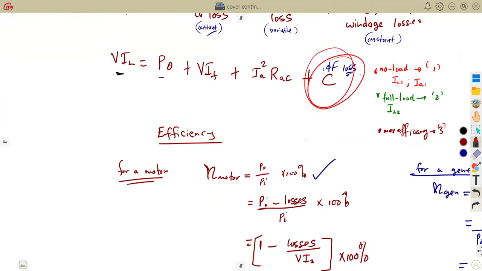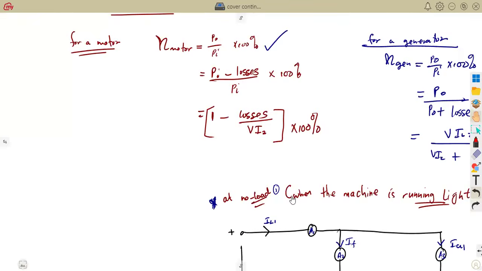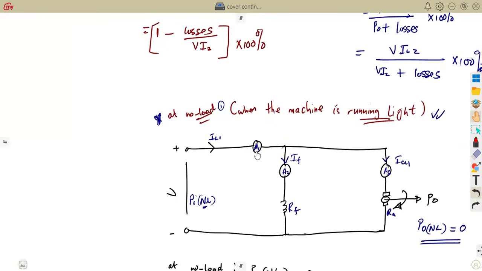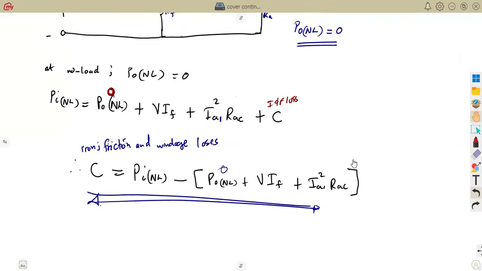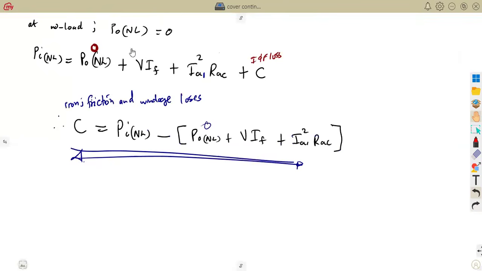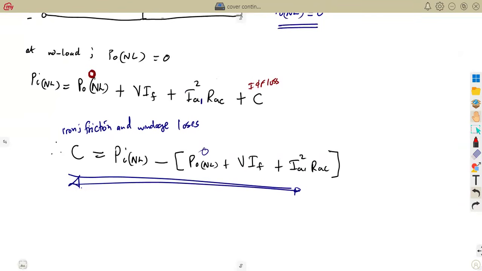Iron, friction, and windage losses are there. So we can simply find them by making them the subject. Remember, I explained here that this formula can be manipulated, and we ended up with this formula from the no load condition.